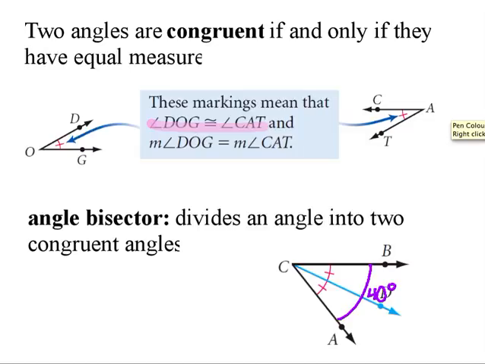Now let's say I'm telling you right now that this big angle is 40 degrees. What would each of these angles be? 20, because that's what an angle bisector does. It cuts them into two equal parts.